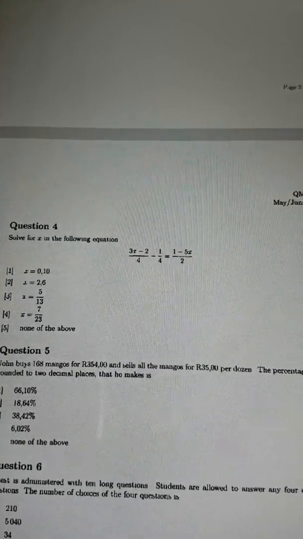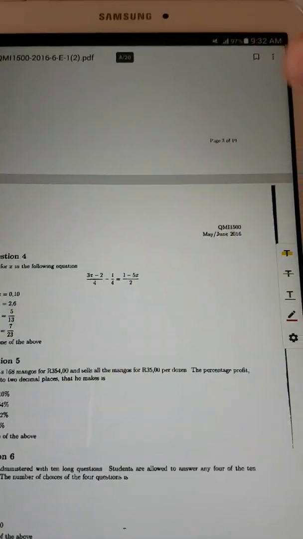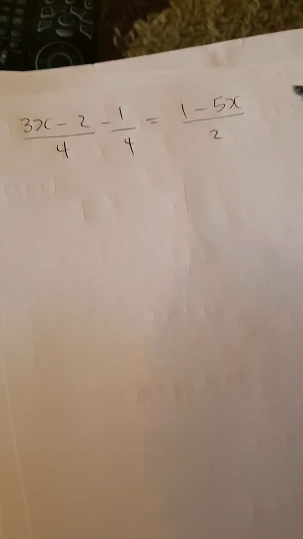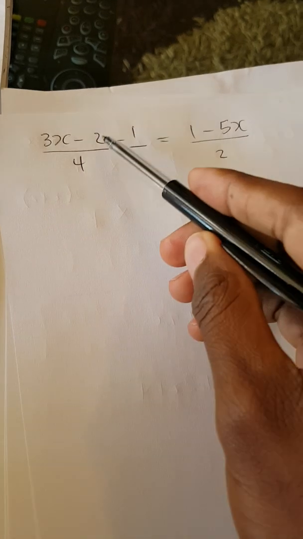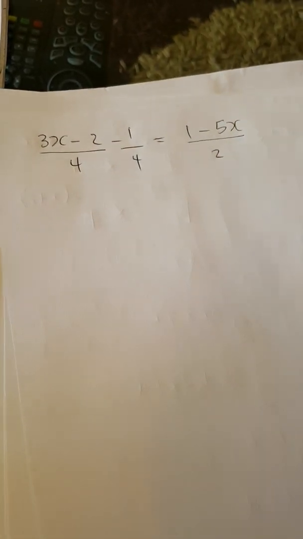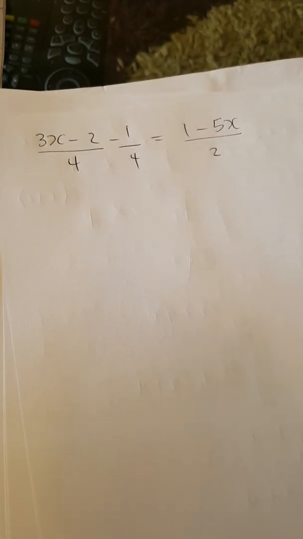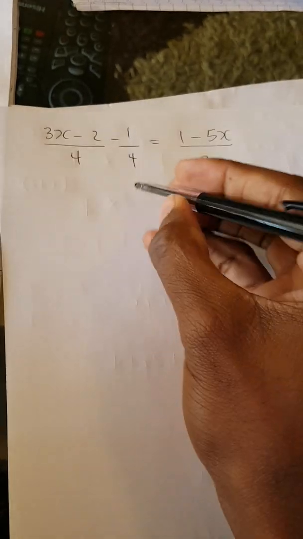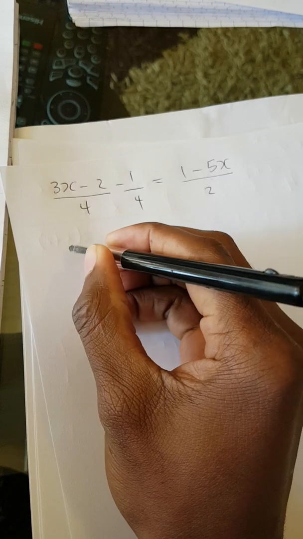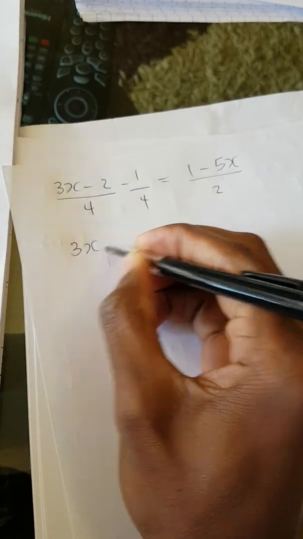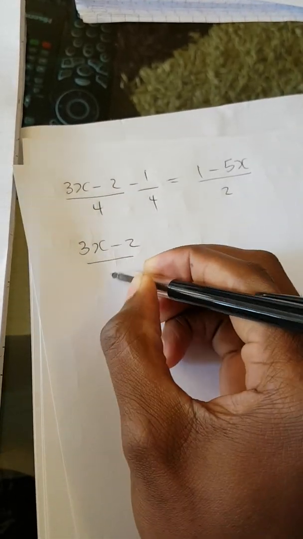Okay, so we're given these three fractions, so let's see what we have to do, guys. Now here's the thing. First thing first, group the like terms. So this one, -1/4, should come to the other side because it's not a like term, it doesn't have x. Okay, so 3x minus 2/4 is already existing here, so let's write it 3x minus 2/4.